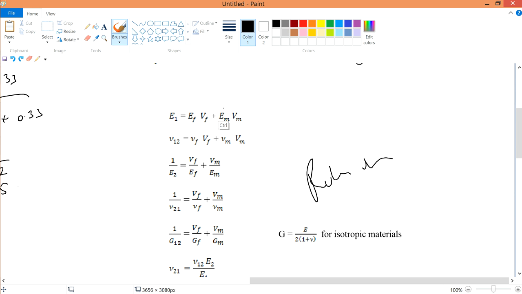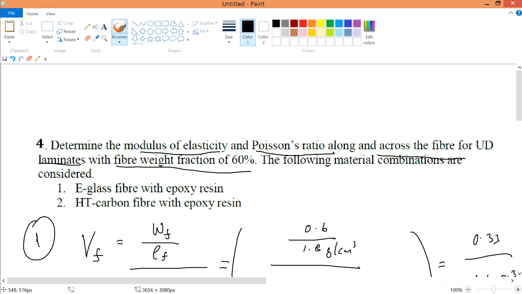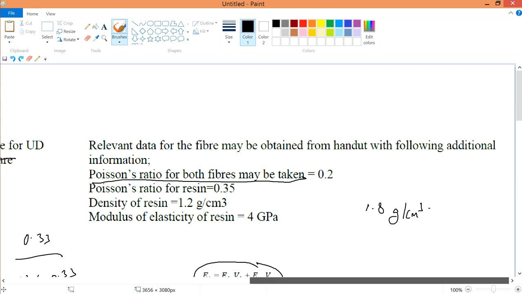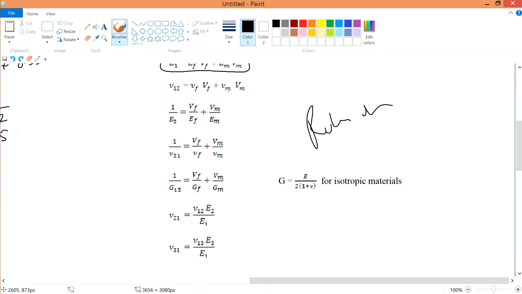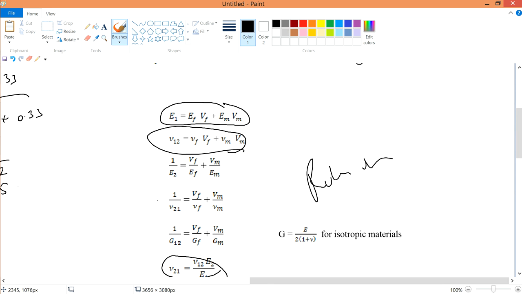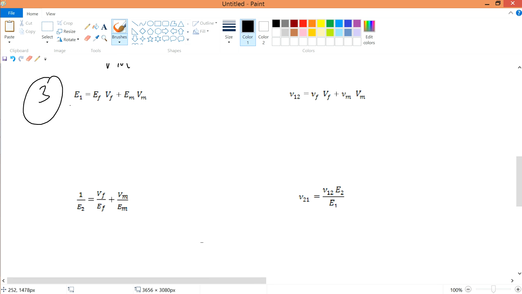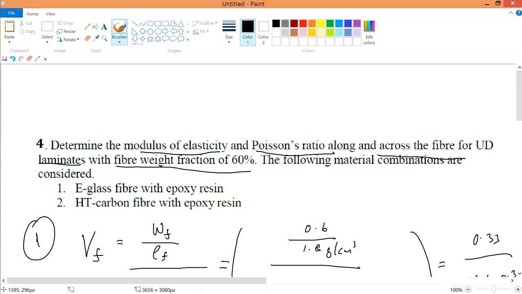So you're going to find your Young modulus in the one direction, because they ask you to find your modulus of elasticity, which is your Young modulus E, and your Poisson ratio along and across the fiber, which is V12 and V21. So I'll just plug all these formulas in, and we're going to find our Young modulus in the one direction, also in the two direction, because they are talking about along and across the fiber.